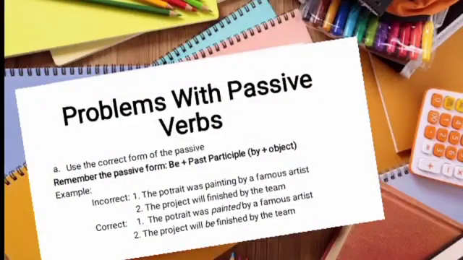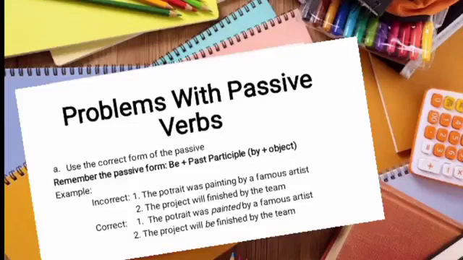Next here, I want to discuss about problems with passive verbs. Make sure you use the correct form of the passive. Remember that the passive form is be plus past participle, or verb 3, plus by and the object. Always remember that there is be, verb 3, and by and the object.